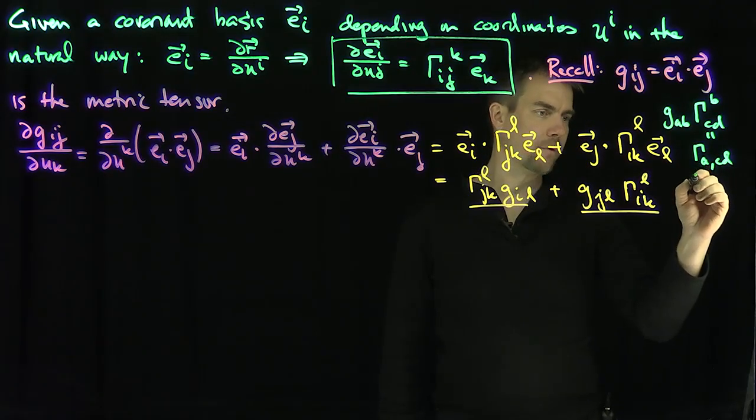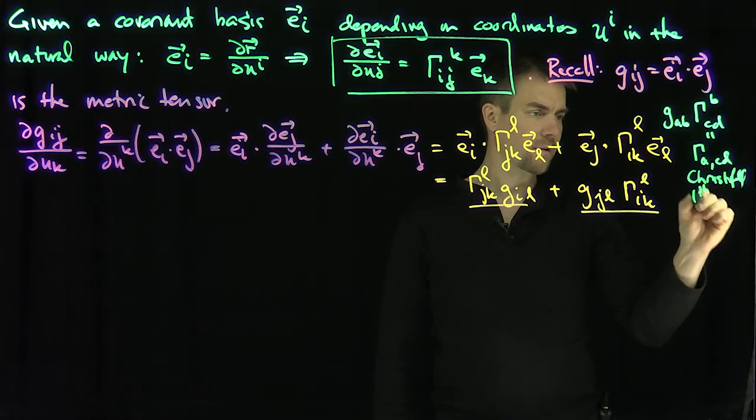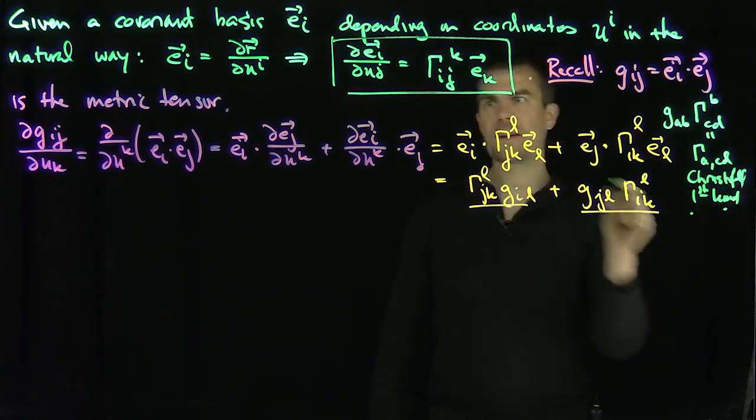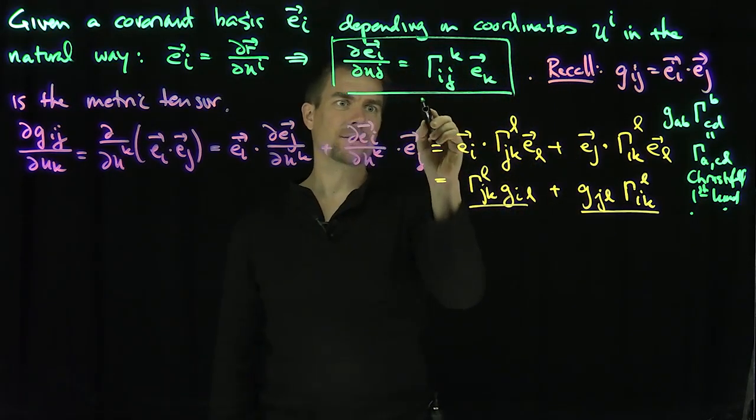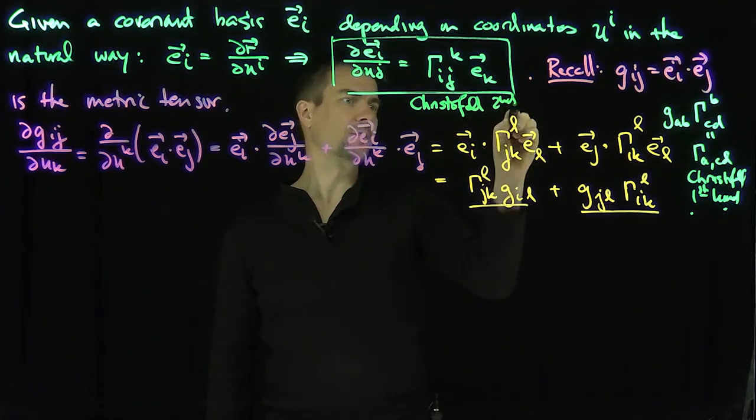And this is called the Christoffel symbol of the first kind. And then these things over here are called Christoffel symbols of the second kind. The terminology is sort of irrelevant.